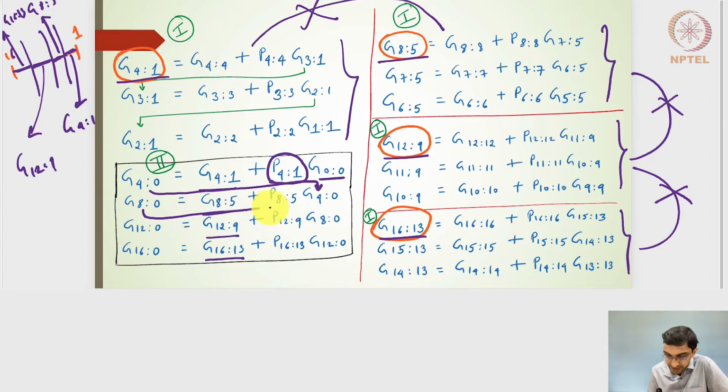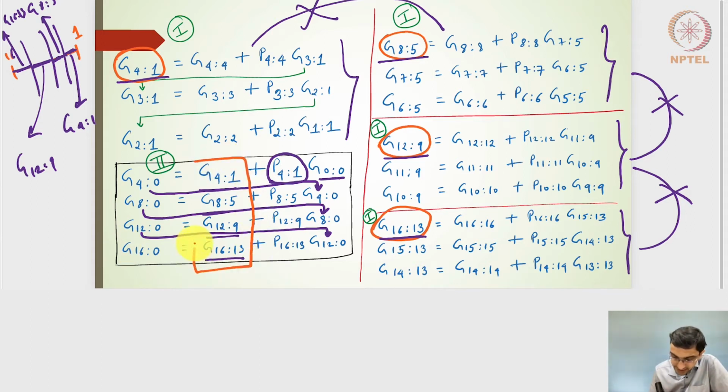Once 8:0 is there, we can utilize it for generating 12:0. If 12:0 is there, then you can utilize it to generate 16:0. But notice that all these 4:1 to 16:13 are generated simultaneously. It doesn't have to wait for the group generate of the lower bits, right? All these things can be generated simultaneously, so that's what I'm writing down: simultaneously, and doesn't have to wait, right?